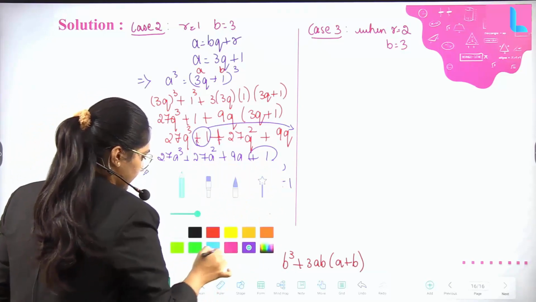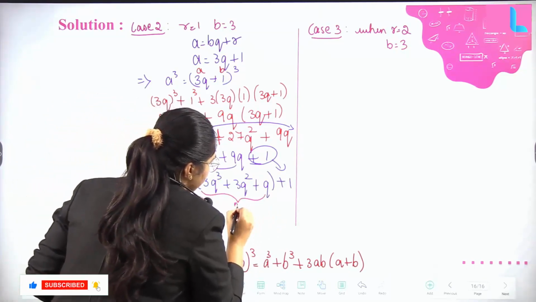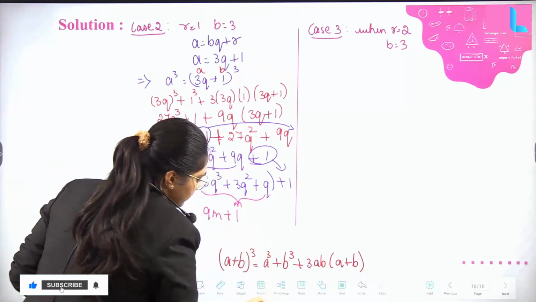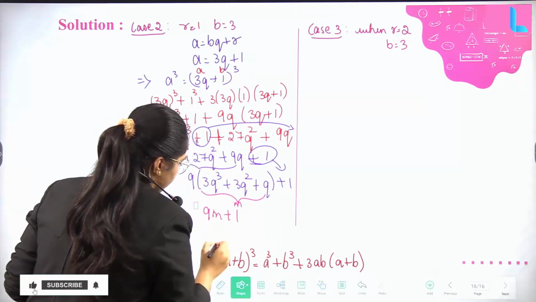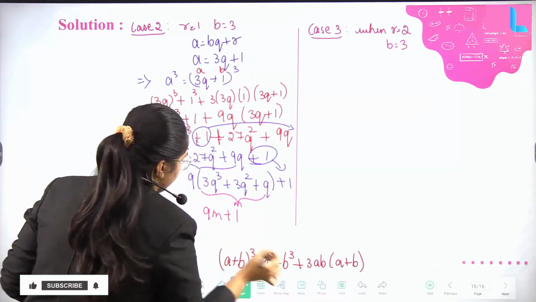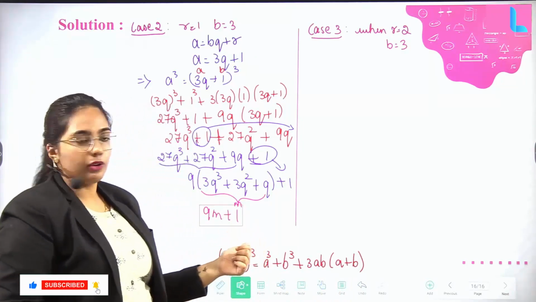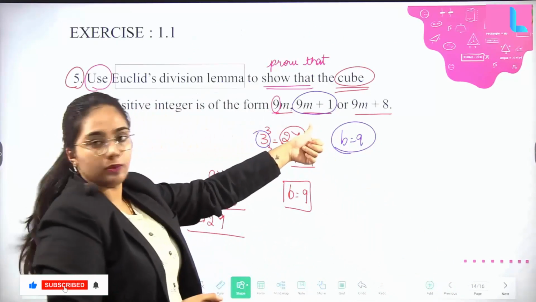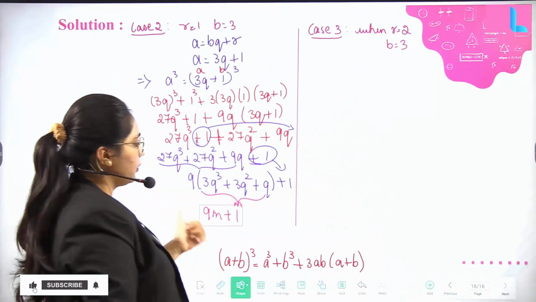Here this whole thing now will be considered as m. So it becomes 9m plus 1. What is that even you wanted over here? 9m plus 1 is what you wanted, and here you have got 9m plus 1.